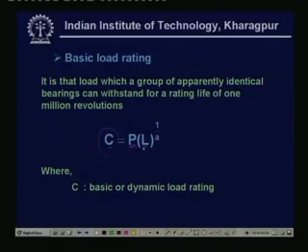So, for only 1,000,000 revolutions, what is the basic load rating? The dynamic load rating, the load at which the bearing fails in only one million revolutions, should be very high. Normally in practice, if you have a load P, then for whatever life of the bearing you choose, this value of C will be very, very high. So, this basic load rating really does not fall onto a bearing. This is on the conservative side, that means we are designing a bearing.